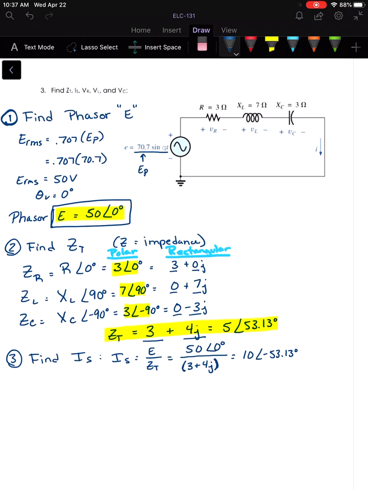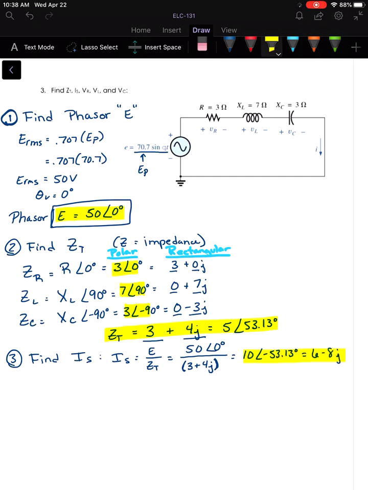And I will write down the rectangular form for you if you need this. So that's about 6 minus 8j. Either is fine, whichever one you want to use there.